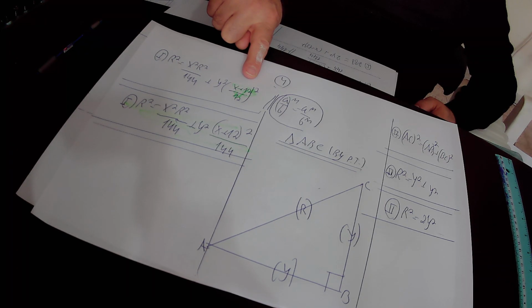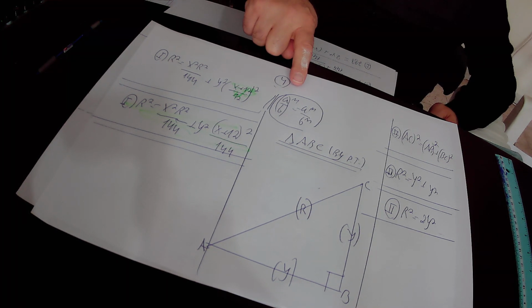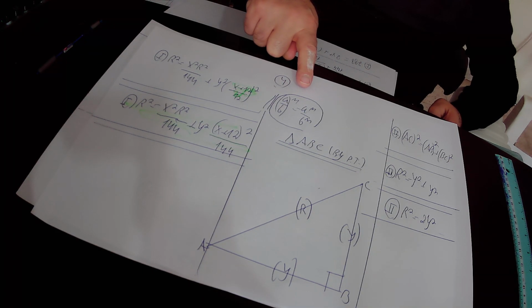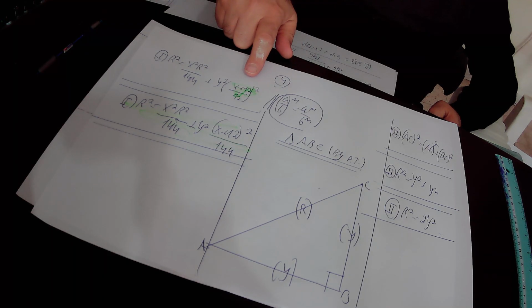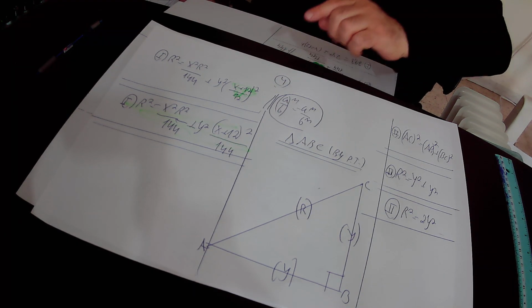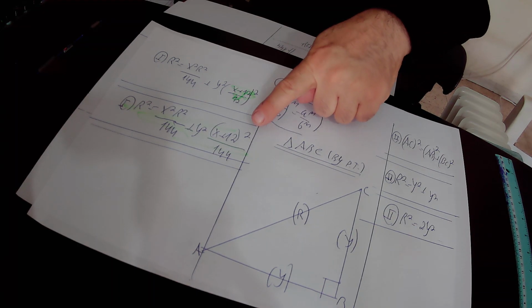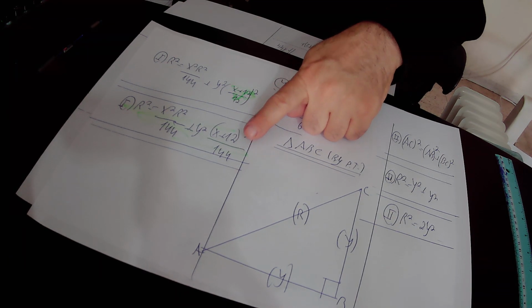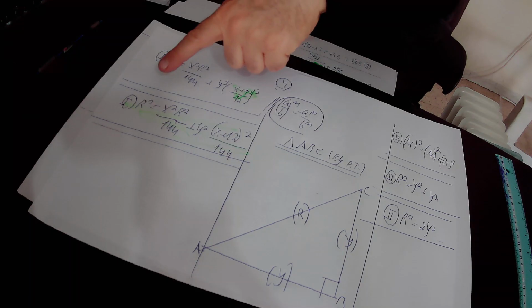This green expression, (x plus 12) over 12 squared, according to the algebraic identity that (a over b) to the power of m equals a to the power of m over b to the power of m, will be equal to (x plus 12) squared over 12 squared, that is 144.